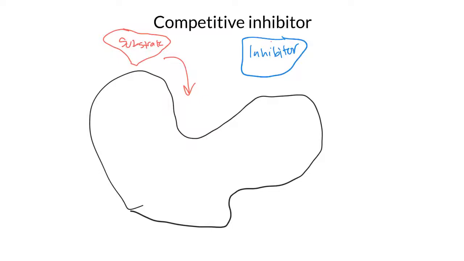The active site. If it's a competitive inhibitor, the inhibitor also will bind to the active site. So they'll compete for the active site. And it can either do one or the other, it can't do both. Okay?